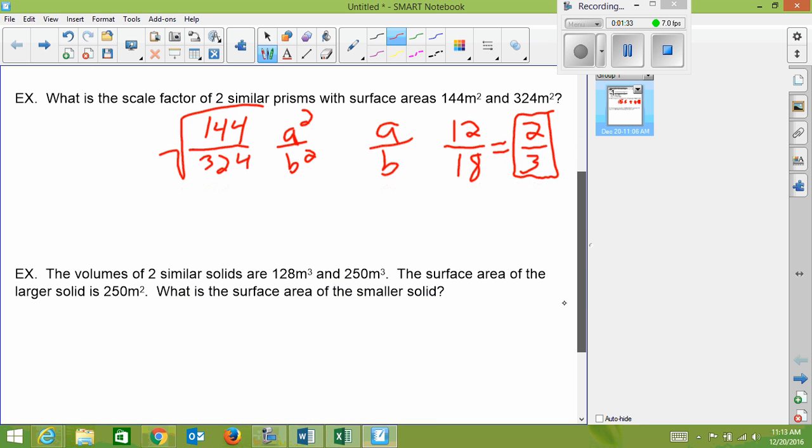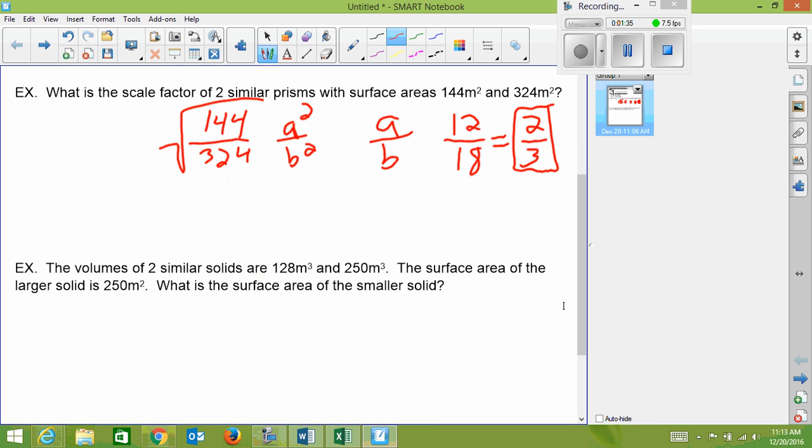Then I can also use that information to do something with the volumes of similar solids. The example that I have here is: the volumes of two similar solids are 128 cubic meters and 250 cubic meters. The surface area of the larger solid is 250 square meters. What is the surface area of the smaller solid?